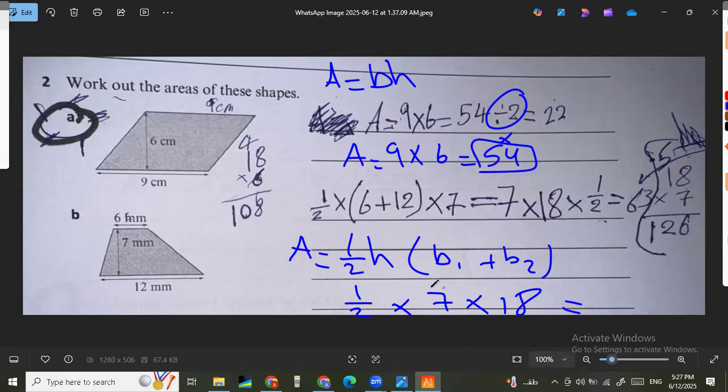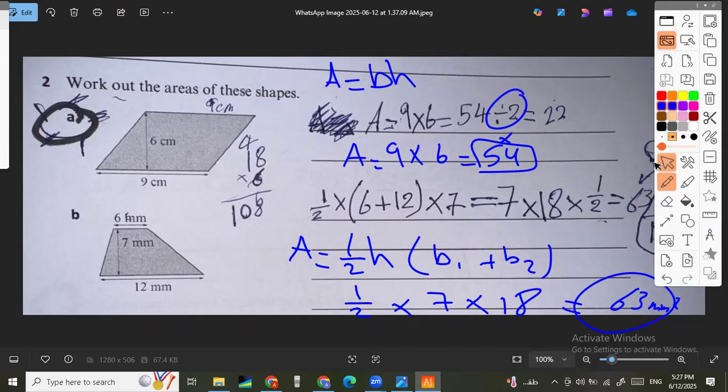You can get the half of the 18 or the half of the 7 first, whatever is easier for you. For me, the half of 18 is easier. So half times 18 is 9. 9 times 7 is exactly 63 millimeters squared. That's it, and thank you, everyone.